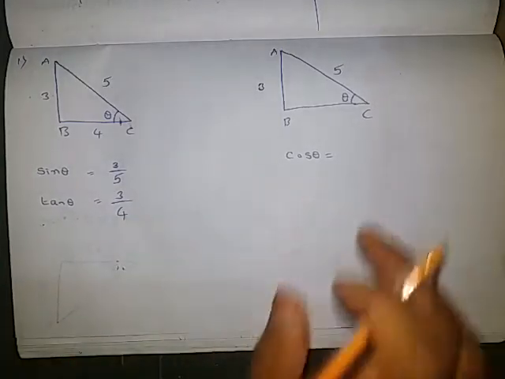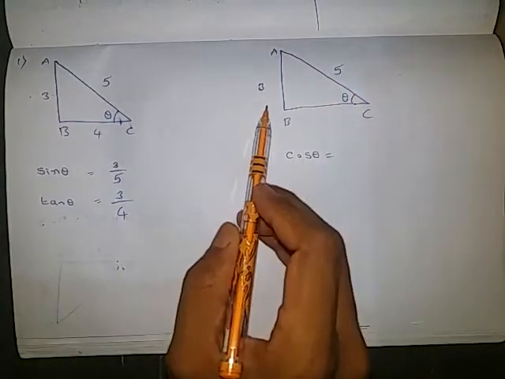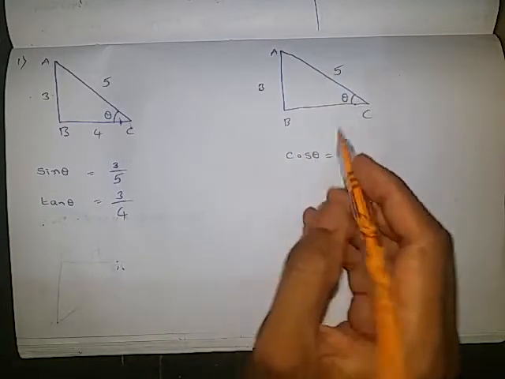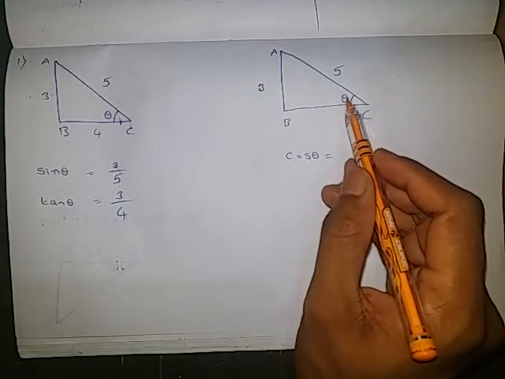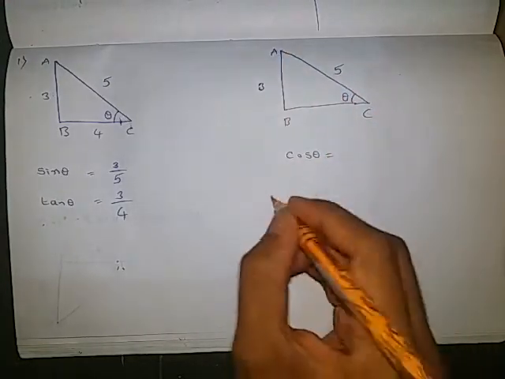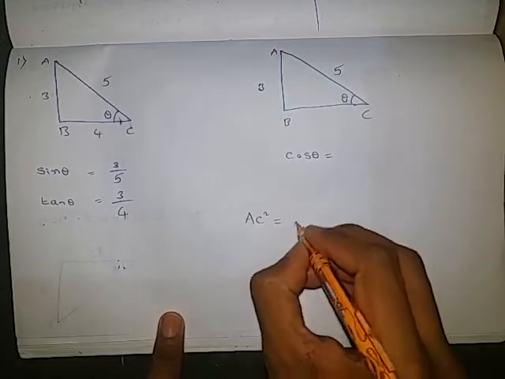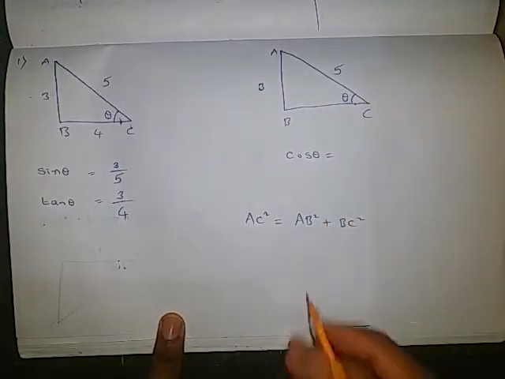Next, in that only the second type is any two measurements only they will give. Here AB is given as 3 and AC is given as 5. Then first we need to find out the third side. So let us use the Pythagoras theorem. Hypotenuse square, that is AC square, is equals to first side AB square plus second side BC square.